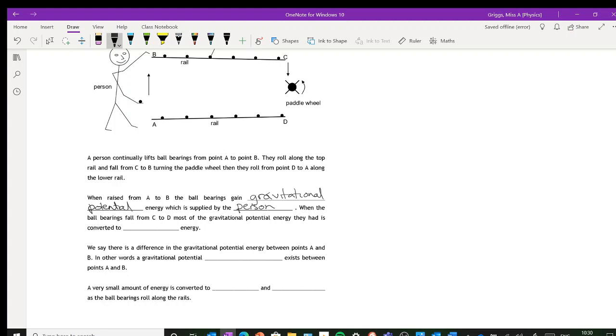When the ball bearings roll from C to D, most of the gravitational potential energy is converted into movement, or kinetic energy, which moves the paddle wheel.